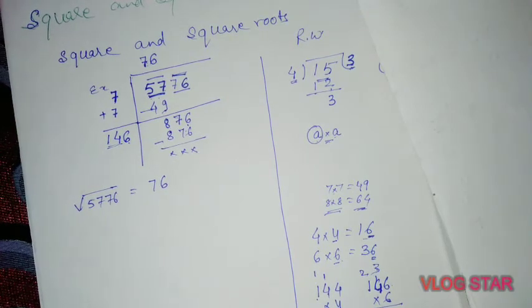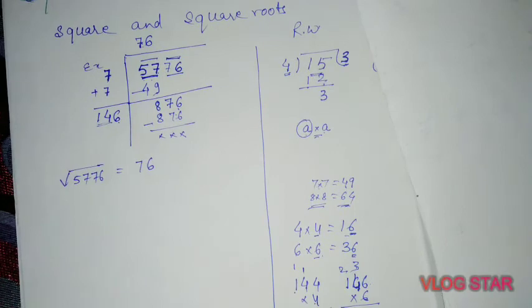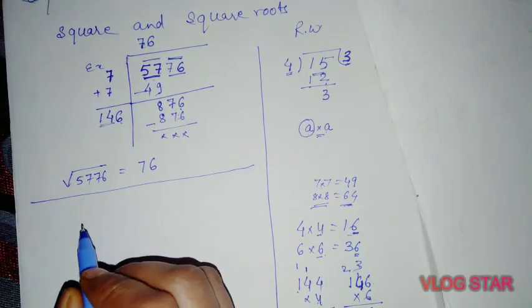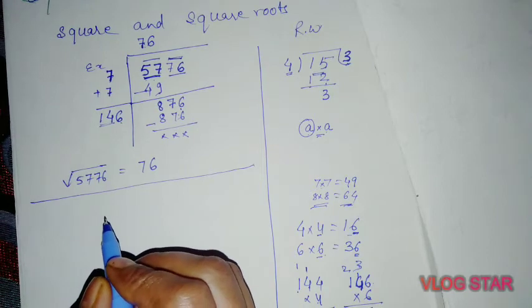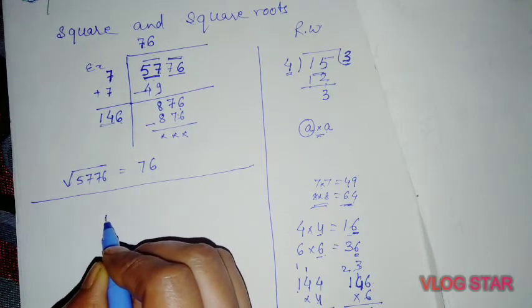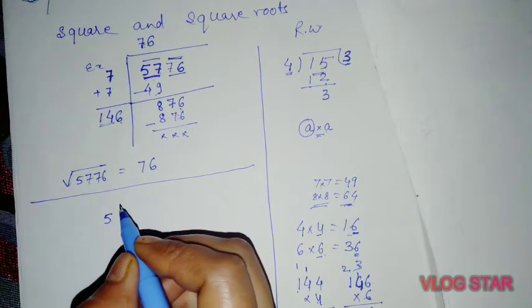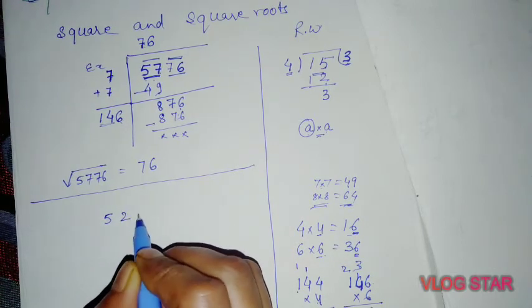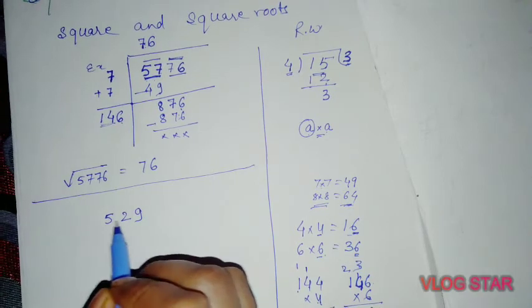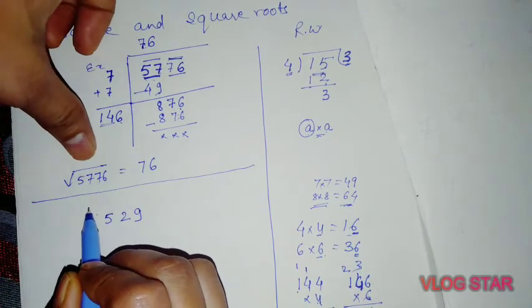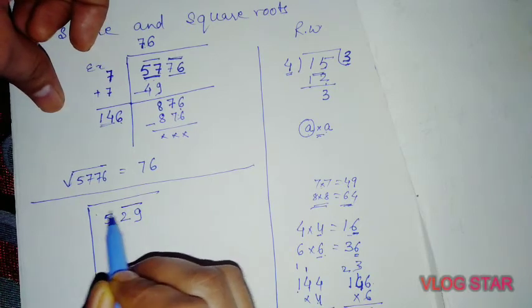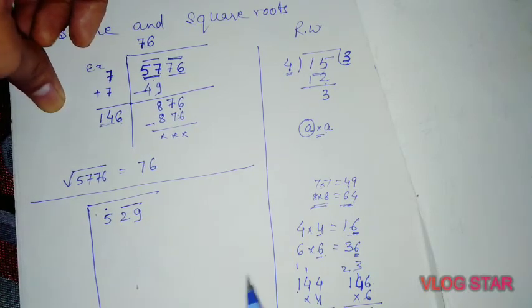Again, one more example. Let us take 529. Now in this 529, it has an odd number of digits. We have to pair up starting from this 2-digit pair, and 1 digit is left over here.